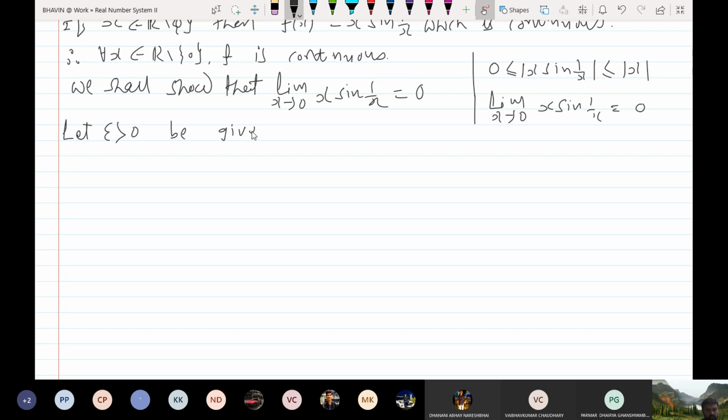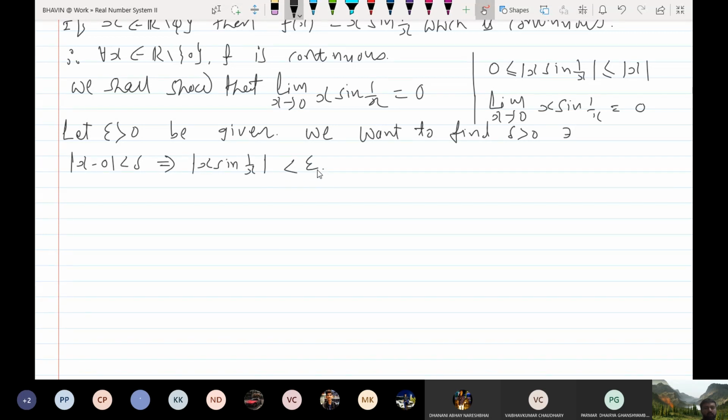Epsilon. Yes. Now consider this difference. We shall find out delta such that whenever mod x minus 0 is less than delta, it implies mod x sine 1 upon x minus 0 is less than epsilon.